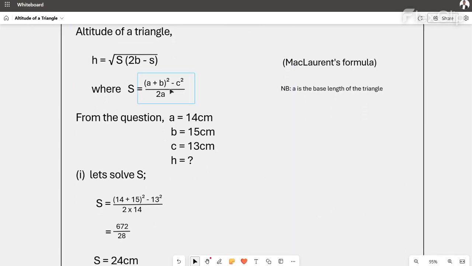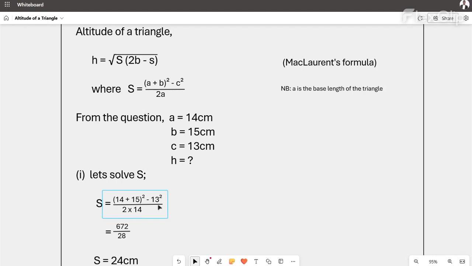This is the formula for S. S is equal to (A plus B) squared minus C squared, all over 2 times A. If you plug in these values, if you replace these letters with these values, the formula will look like S is equal to (14 plus 15) squared minus 13 squared all over 2 times 14.